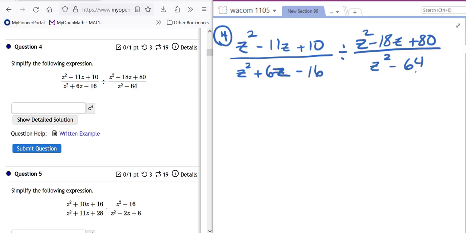Because it takes a lot of writing, I am going to factor and flip on the same line. Division is going to change to multiplication, and your second fraction is going to flip over. So I'll factor and flip at the same time. So you have 3 trinomials and a difference of squares here. The first trinomial, 2 sets of parentheses.